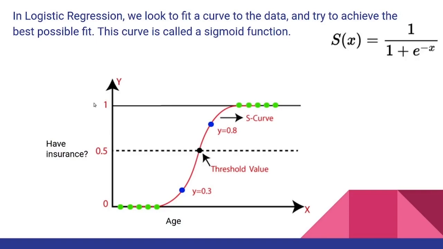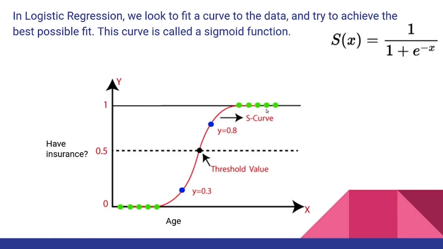Given an age, we have to calculate whether that particular individual has health insurance. So these green points are the points in our data set. Let's say that this age is 19, this age is 17, this age is 15, and so on. This is 51, this is 52, this is 53, and so on.